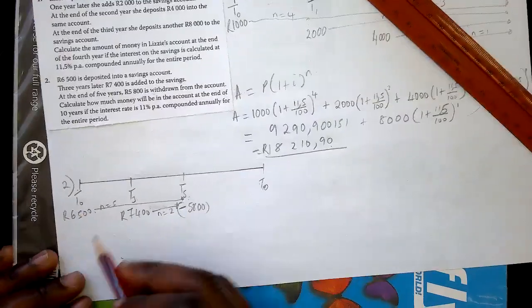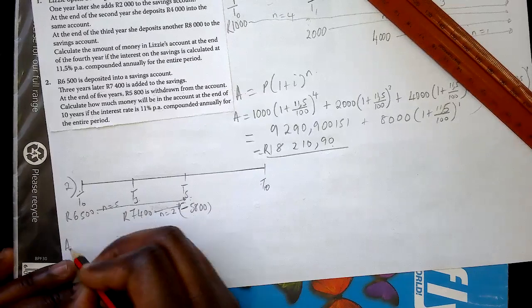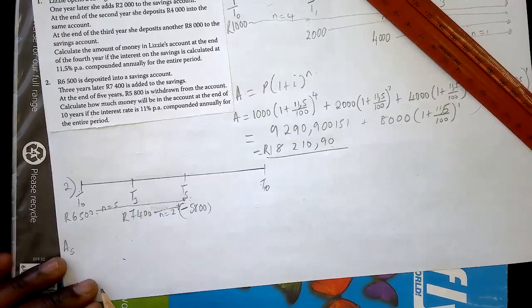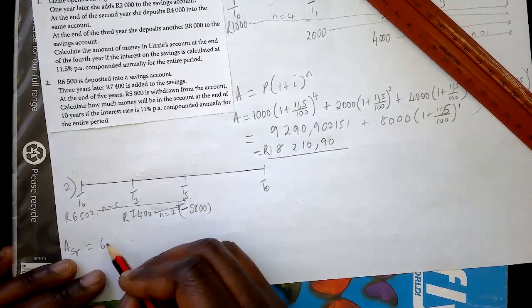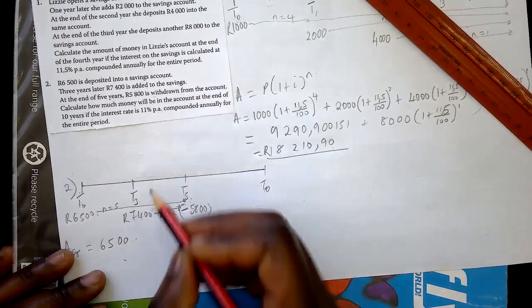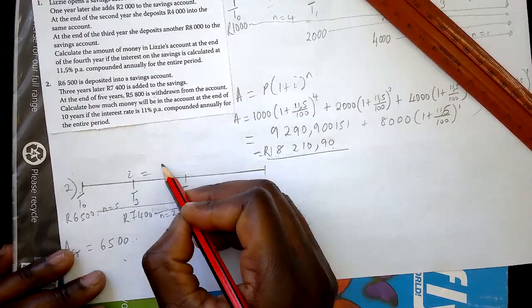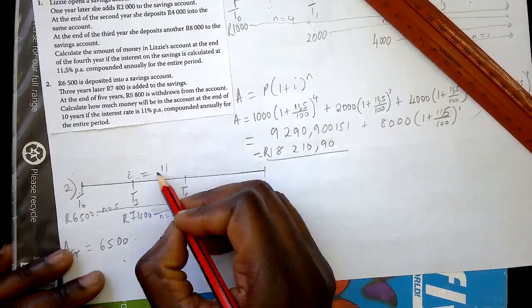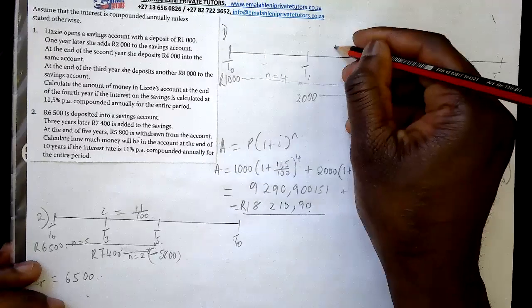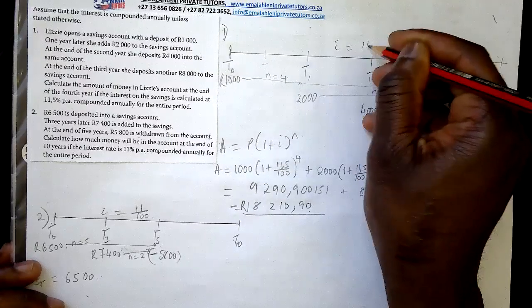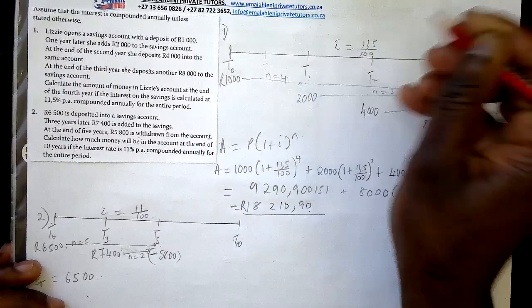So what we're going to do here, we're going to say first accumulated amount A5. We want to see how much it accumulated after 5 years. A5 is going to be equal to 6,500. Our I in this case is what? 11,5 over 100. I think I forgot to put here I is equal to 11,5 over 100, so that we just know that.